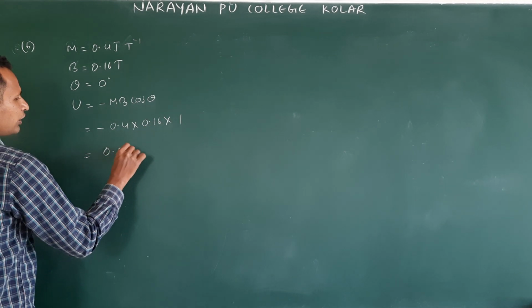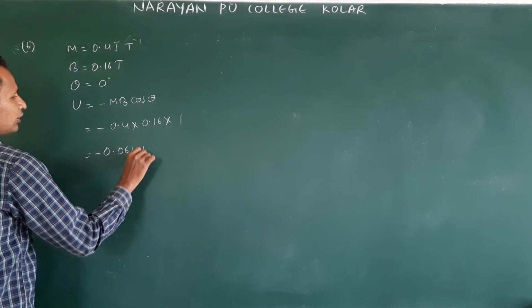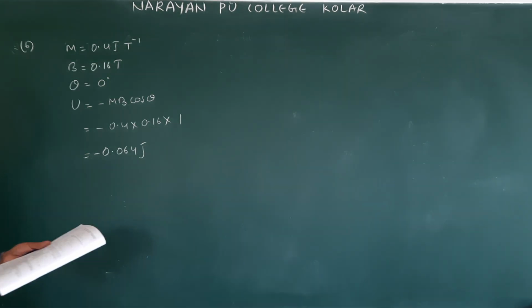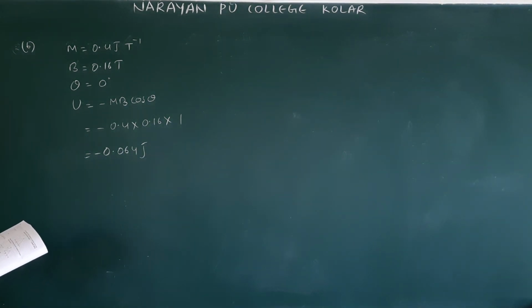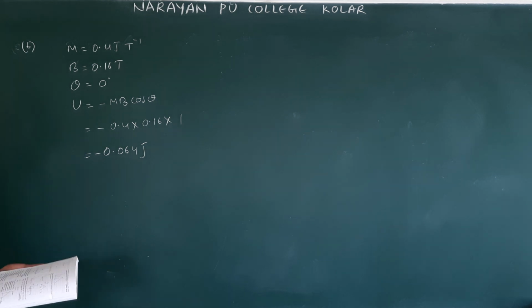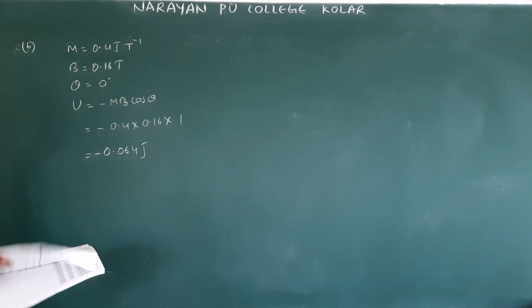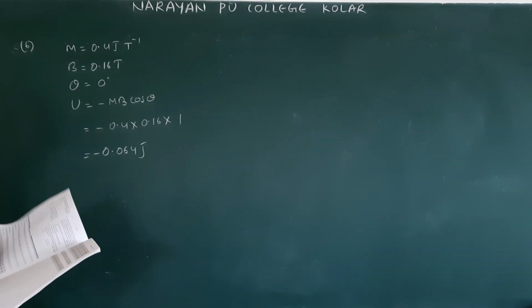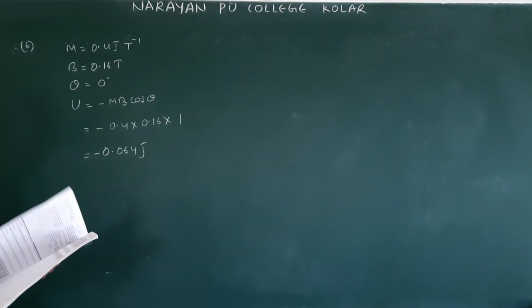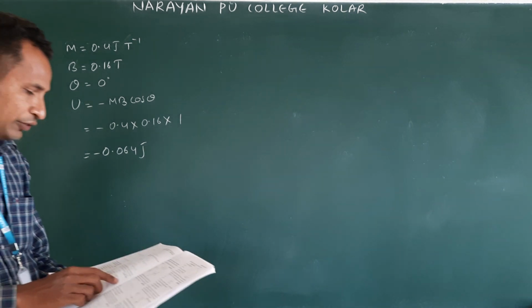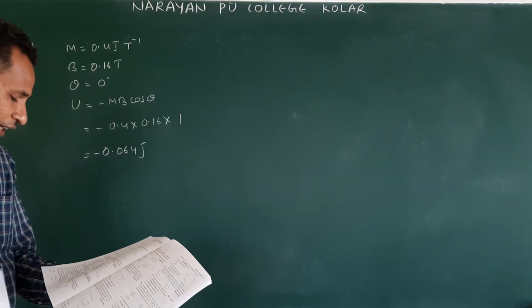So 0.064, with a minus. They are asking only the magnitude, so the minus is not needed. For option 2 they gave minus, but if the magnitude is 0.064, minus is not given. Option 4 we got, so we will check the options. Sixth question, fourth option. They forgot to give the minus sign. Not forgot, I think it is a print mistake.